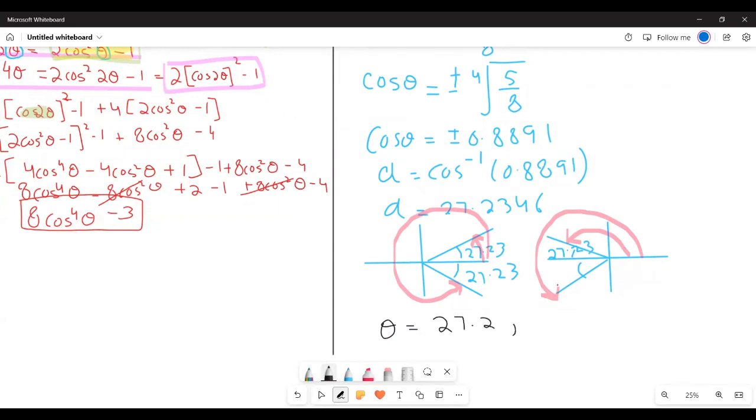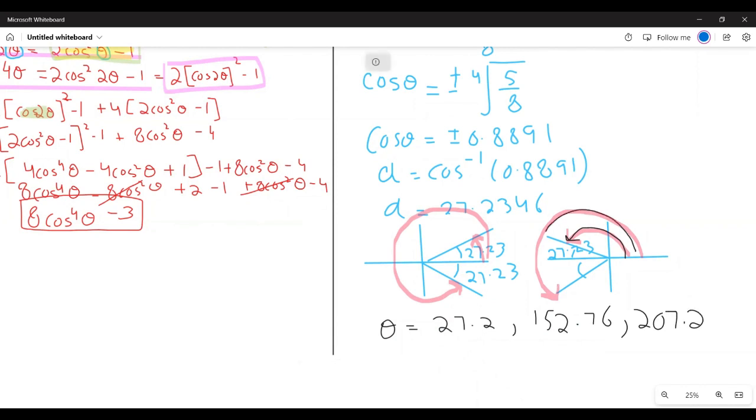Then 152.76. This one is 180 minus 27.2. And then 207.2, this one in the 3rd quadrant.